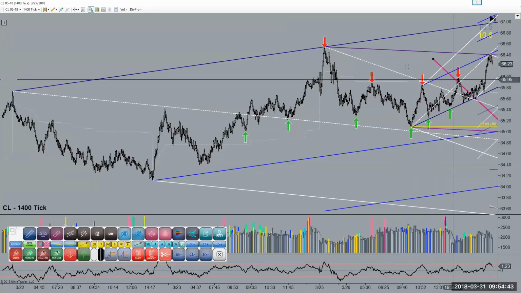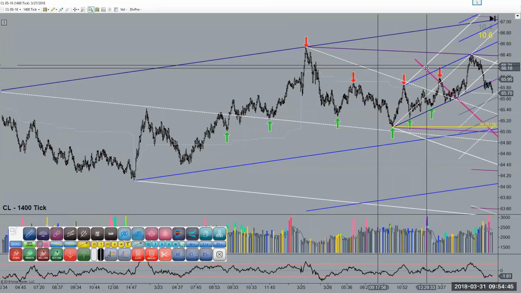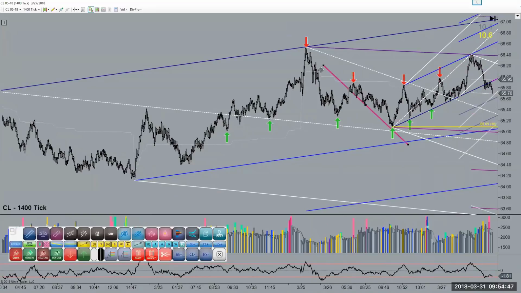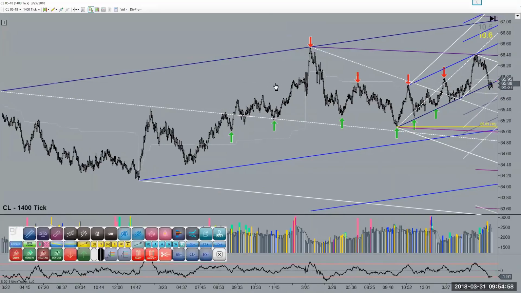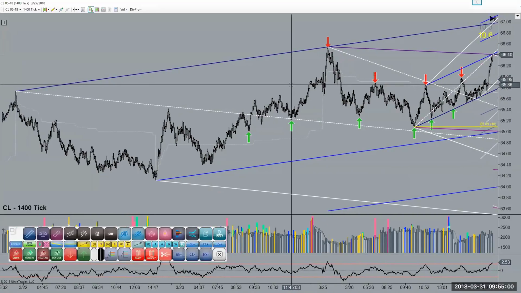I'm looking to do something similar to this. You see? This right here from here. So that's what I'm looking to do. I just messed up our whole hindsight bias deal, but that's what I'm looking to do. That's why this is my ultimate target on the trade.